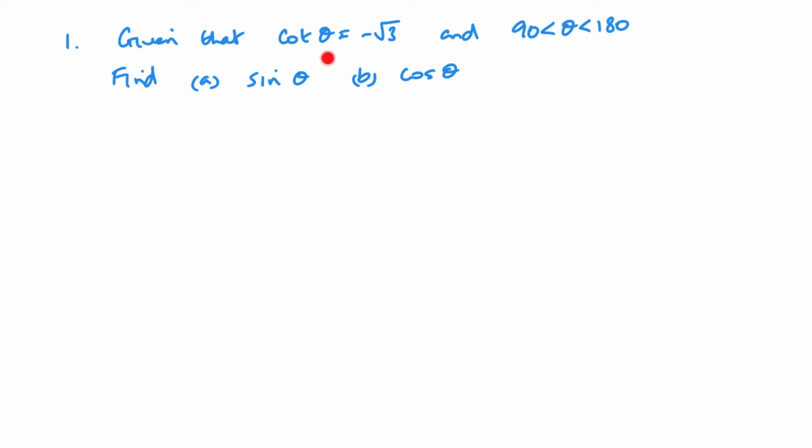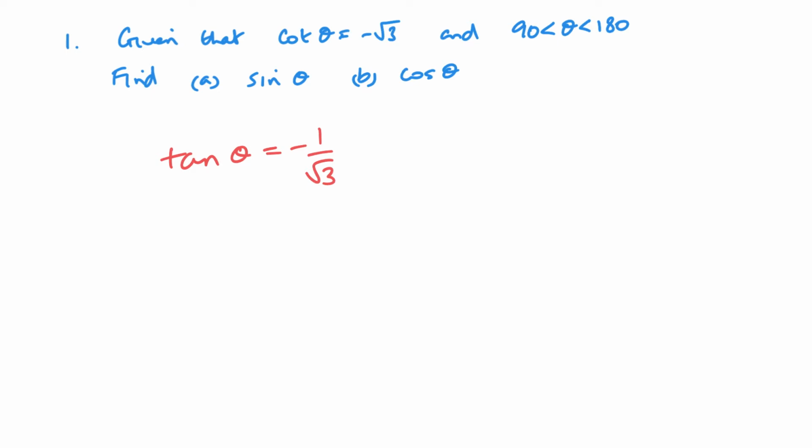So if cot theta equals minus 1/3, then tan theta will equal minus 1 over 1/3. Okay, so it's worth getting to that point straight away.